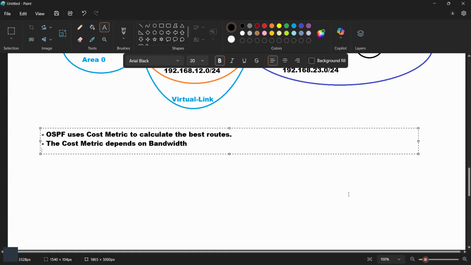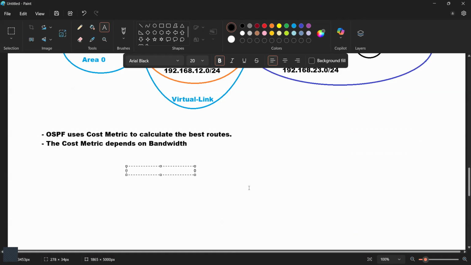And how do you calculate cost? Cost equals reference bandwidth divided by interface bandwidth. Reference bandwidth divided by interface bandwidth.